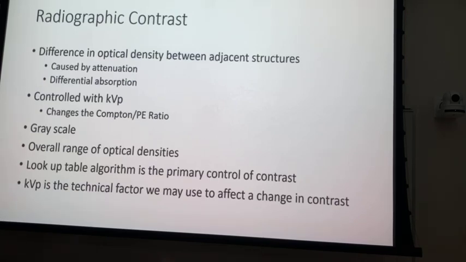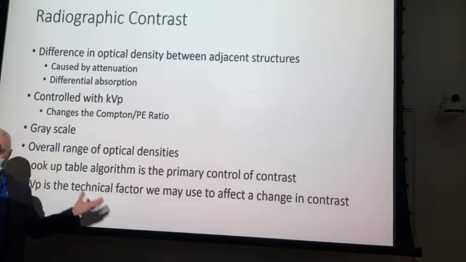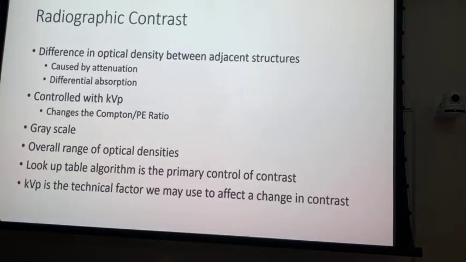So grayscale is the opposite of contrast. So, things that are synonymous. If you've got a long grayscale, then you've got a lot of different shades of gray, all right? So when you're looking for high contrast, you want very few shades of gray, okay? So you want not very many.